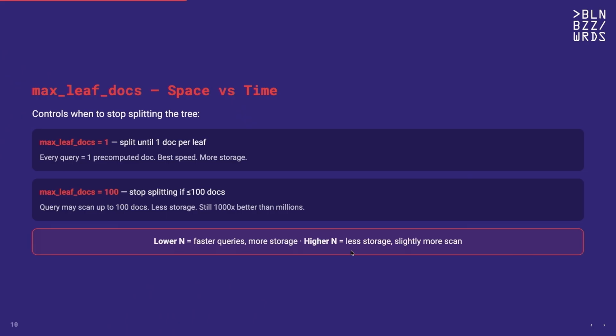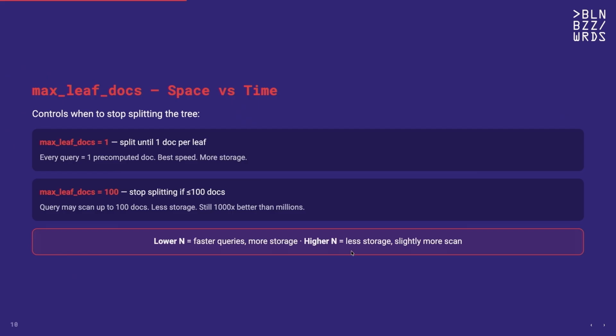As you increase the max leaf docs, you take less storage, but in the worst case you'll have to scan that many docs. So max leaf docs equal to 100 would mean that we stop splitting once a node has reached 100 or fewer documents.